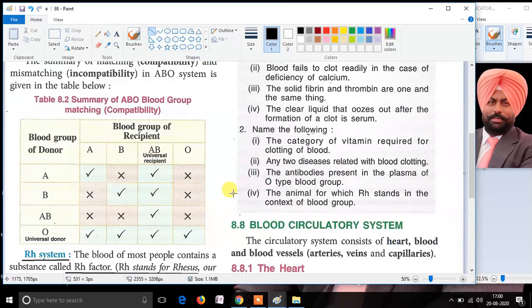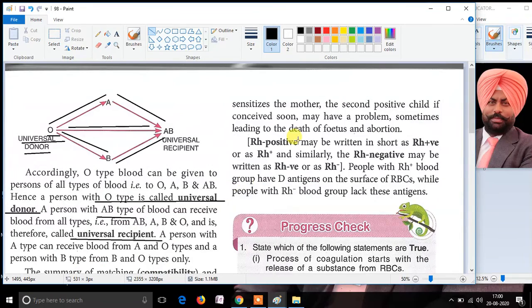Hence, antibodies are produced in the body of the mother, and if a second child is conceived, as the blood of the woman already has antibodies because of the first pregnancy, it may lead to abortion or the missing of organs of the fetus.